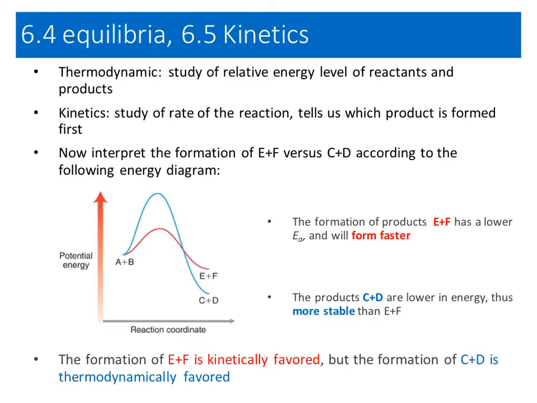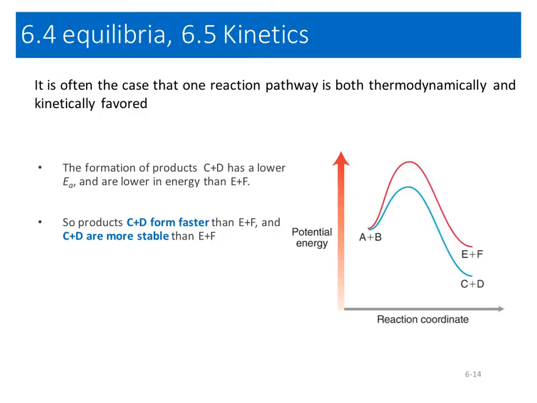So in this example, at low temperature, we are forming our kinetic products, and at high temperature, we are forming the thermodynamic products. Sometimes we have reactions where both the kinetic and thermodynamic products would be the same thing.